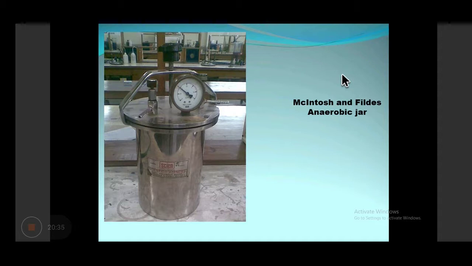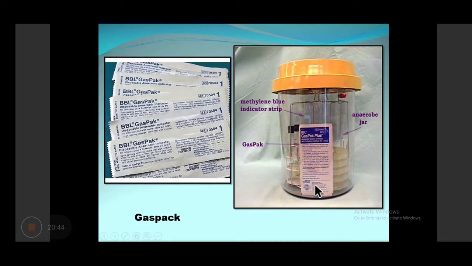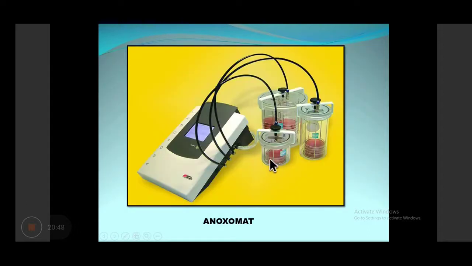First, the jar is checked for leakage, and second is the presence of catalyst. Third is the evacuation, and fourth is the proper gas ratio in this jar, like hydrogen, CO2 and N2.